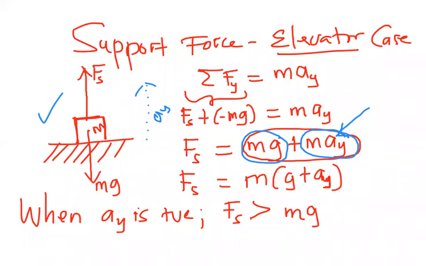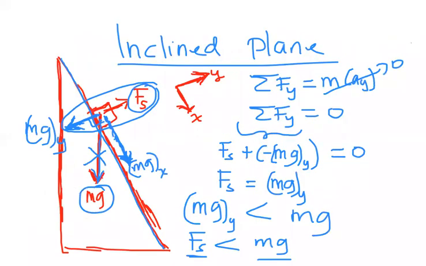If the acceleration is 0, then the support force is equal to the weight of the box, just like in case 1. And finally, we have looked at the inclined plane case. For the inclined plane case, we saw that the support force is less than the weight of the box. And the support force becomes 0 when the inclined plane is vertical.